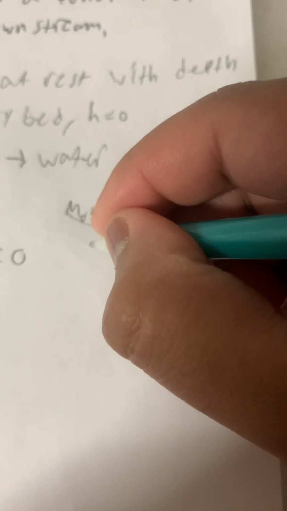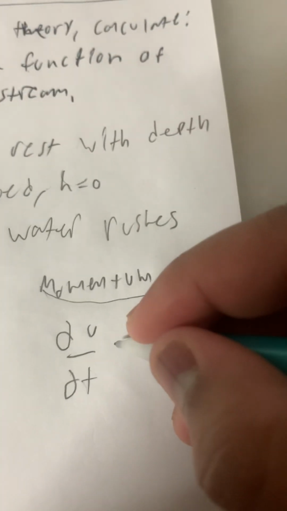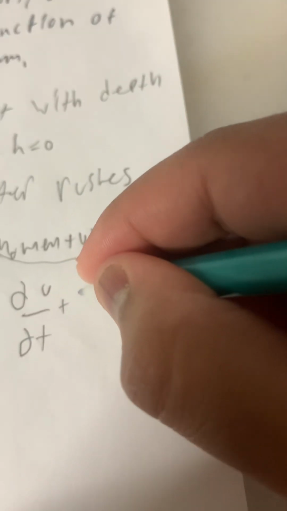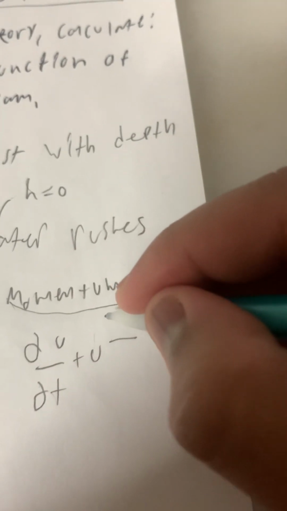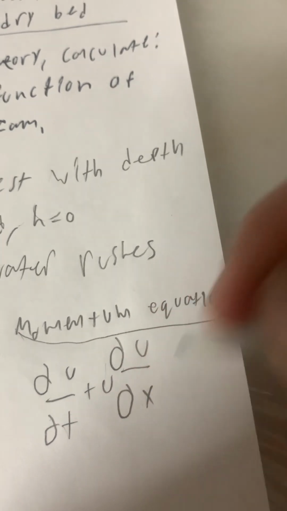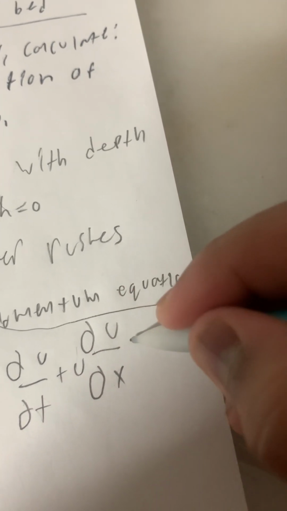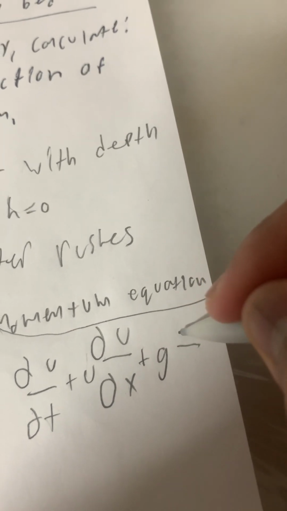Alright. So what we need, it's really hard to write and hold a camera at the same time. Equals u. Is that correct? For any experts out there, tell me in the comments if I'm doing this correct or not. What else would I need?